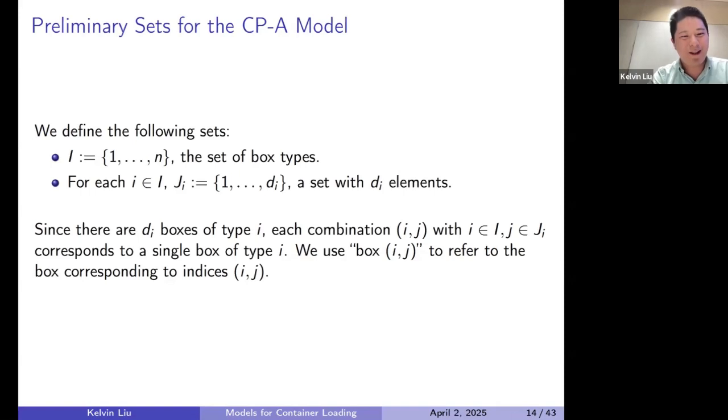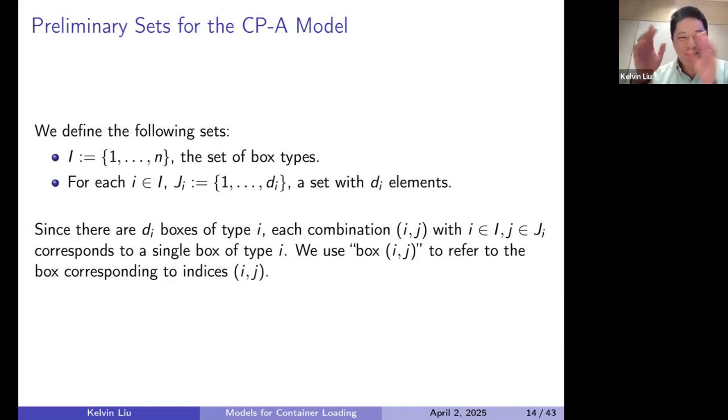First of all, I define I, the set 1 up to n. This is the set of box types. Each element of I corresponds to a different box type. Then for each value of i in this set, I will define J_i, which is a set with d_i elements. Now remember that d_i is the number of boxes available of type i.